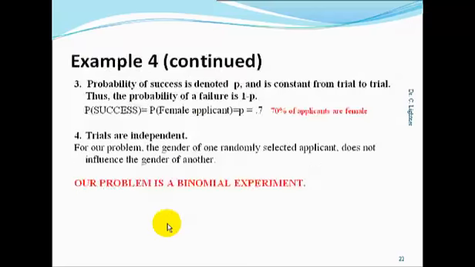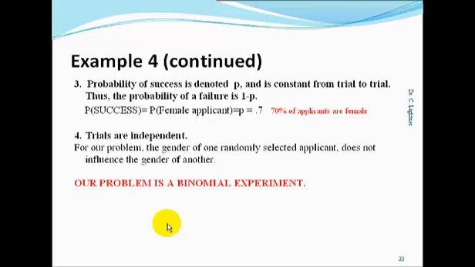In step 3, the probability of a success is denoted P, and it should be consistent from trial to trial. Here, the probability of a success is equal to the probability of getting a female applicant. In this problem, we were told that 70% of applicants are female. Therefore, P is equal to 0.7.